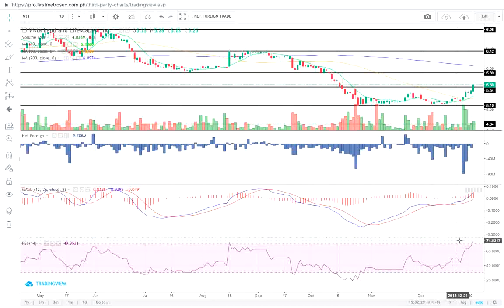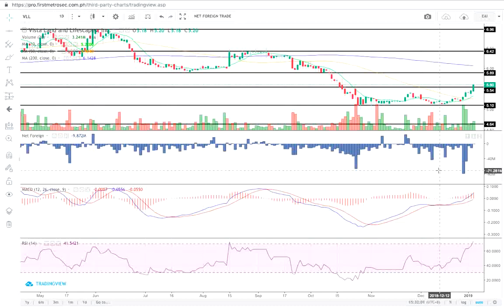Now for the RSI, even though RSI is already moving inside the classical overbought territory, you should base your decision on whether you should sell or not on your trailing stop loss. For as long as the price is moving above, take note, above, not below, your trailing stop loss, you should be fine with your position on any stock.